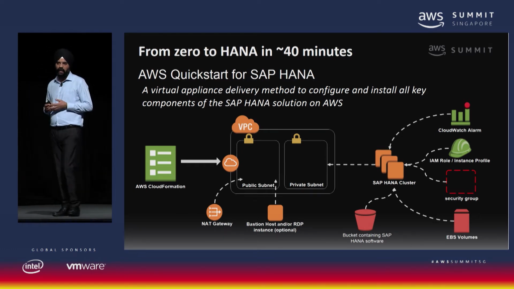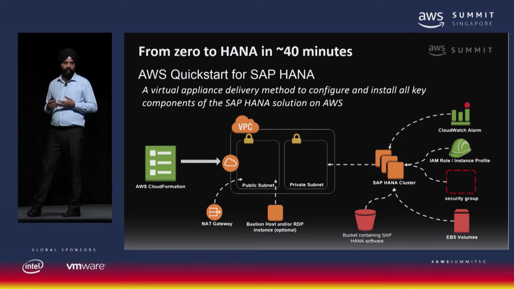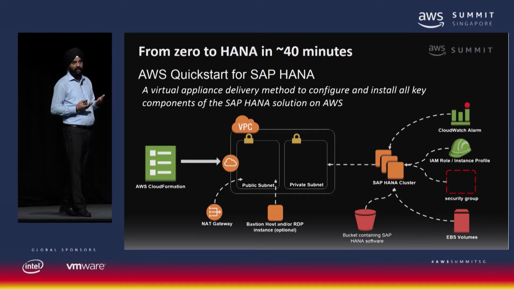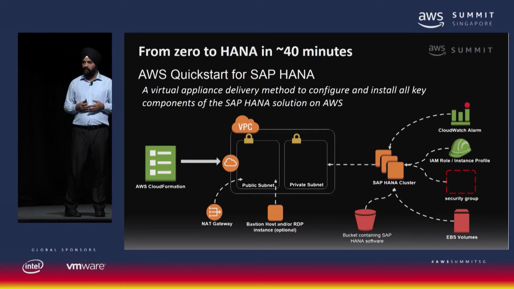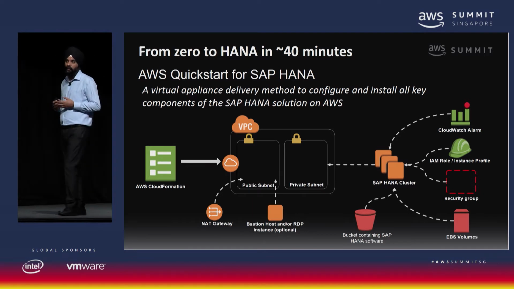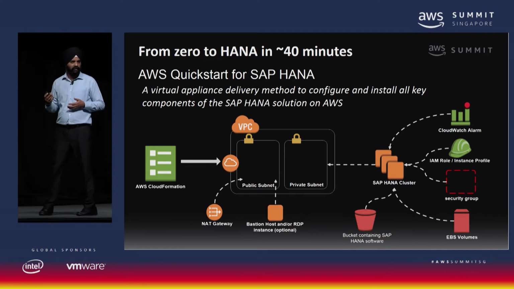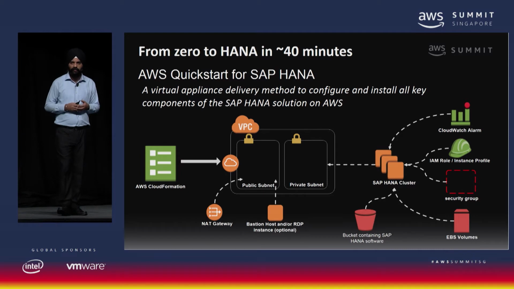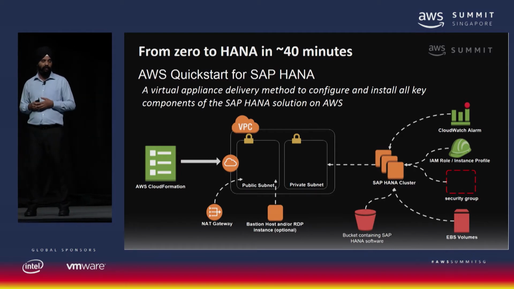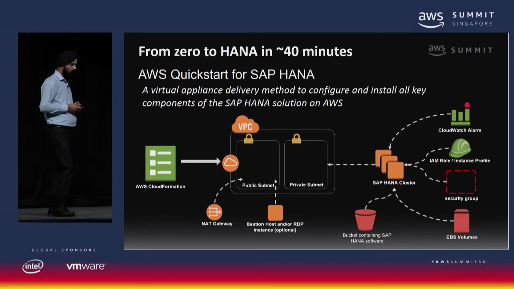We have services like AWS OpsWorks for Chef, AWS OpsWorks for Puppet, various AWS SDKs, as well as CLI, using which you can automate not just your implementation tasks, but your operational tasks as well. And I'll share some examples later, and I'll give you a demonstration on how customers are refreshing their systems with AWS Step Functions.